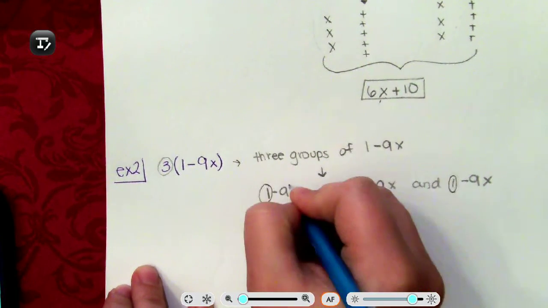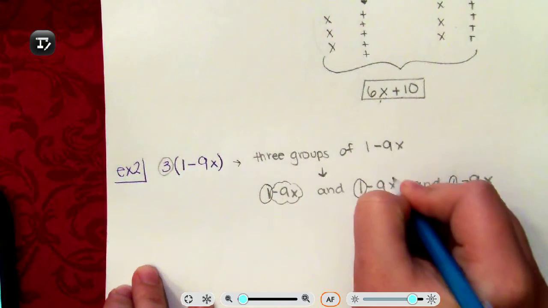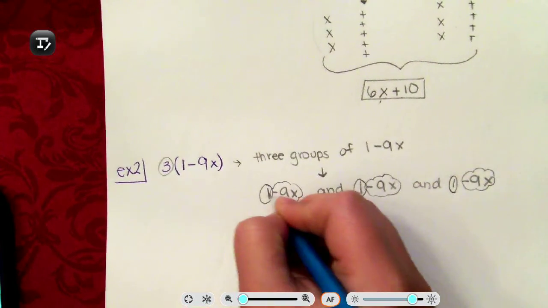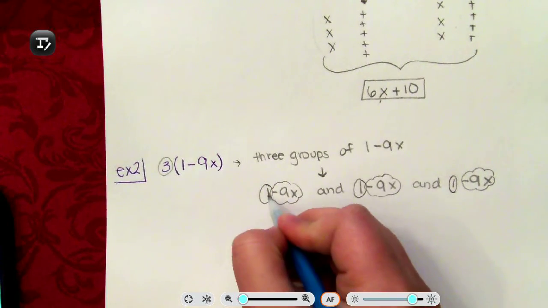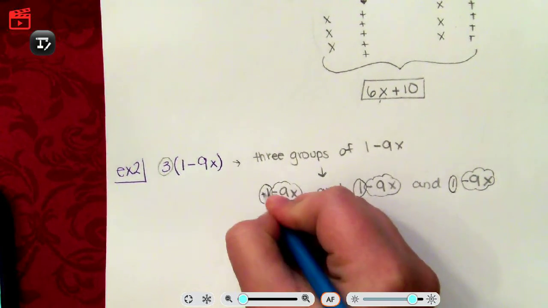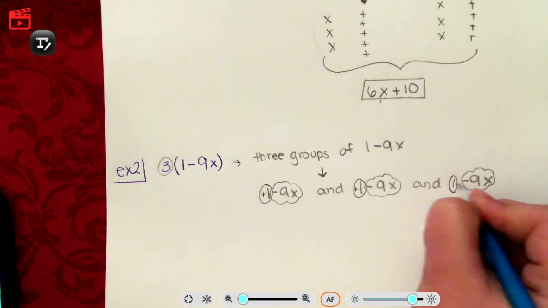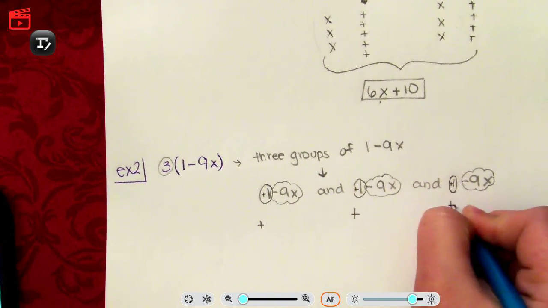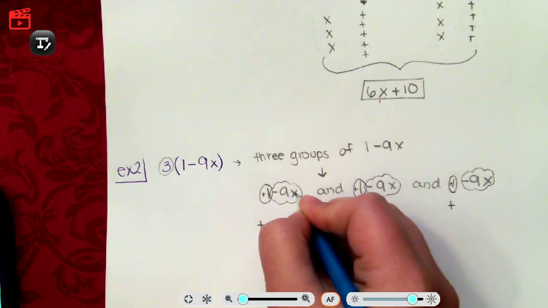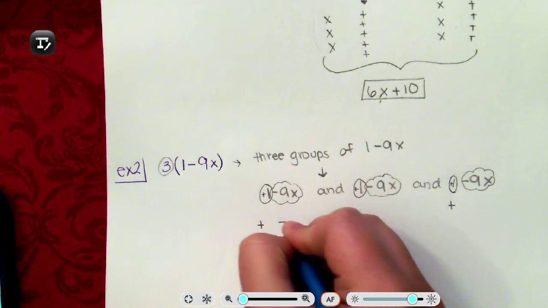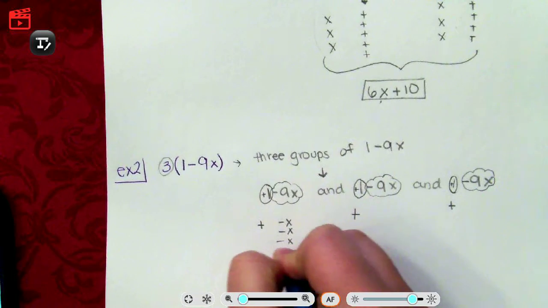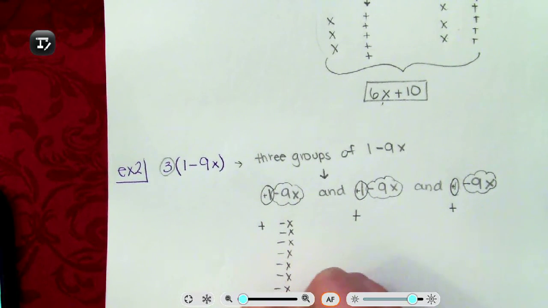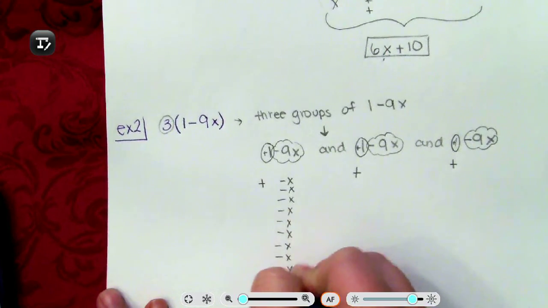Okay, and all of my negative 9x's are going to go in a bubble. So I have, remember, mathematicians are lazy. If you don't have a sign in front of it, that means it's a positive. So I have 1 positive, 1 positive, 1 plus. Then I have 9 x's that are negative: 1, 2, 3, 4, 5, 6, 7, 8, 9.